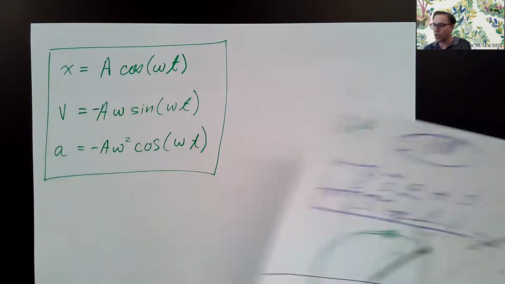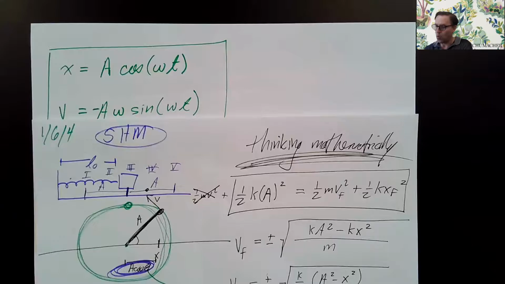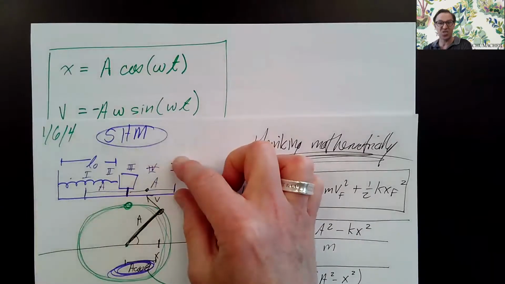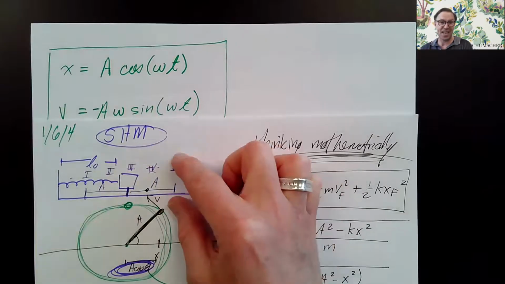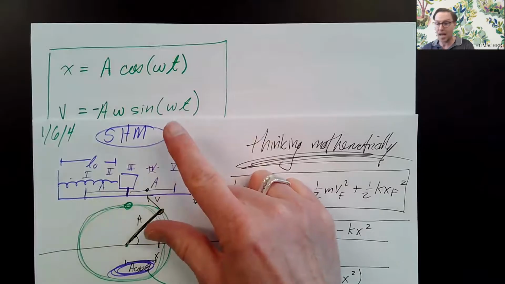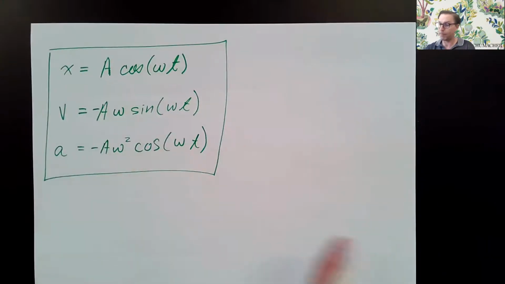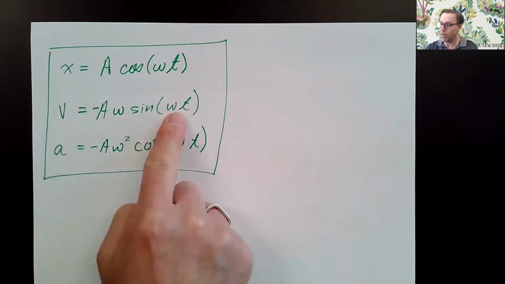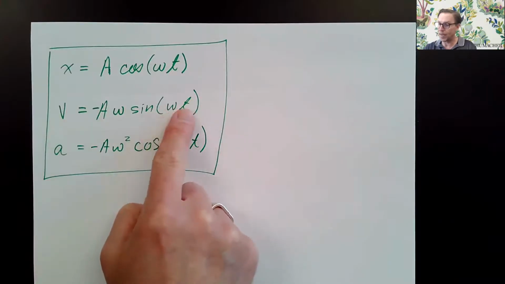And all of those correspond to the situation where I pull the block over to the right to begin things. I start all the way over here at an amplitude A to the right, and I let go. And my original speed is 0. Why is the original speed 0? t equals 0. Omega times 0 is 0.